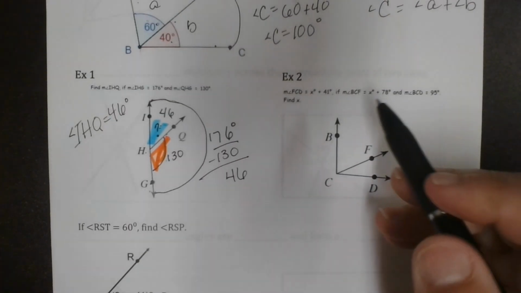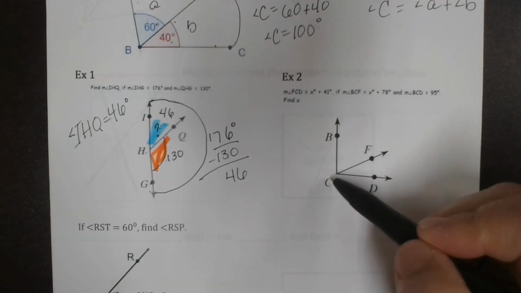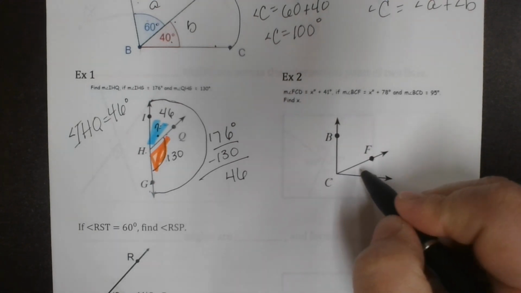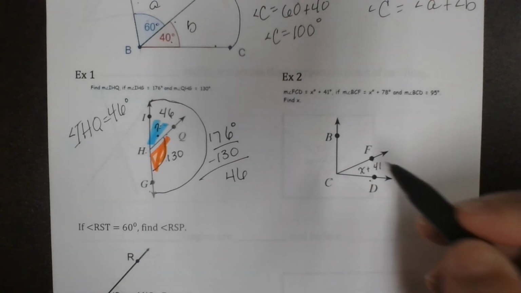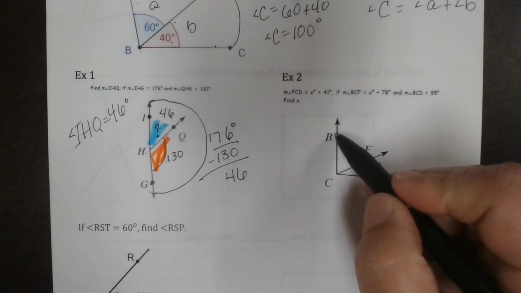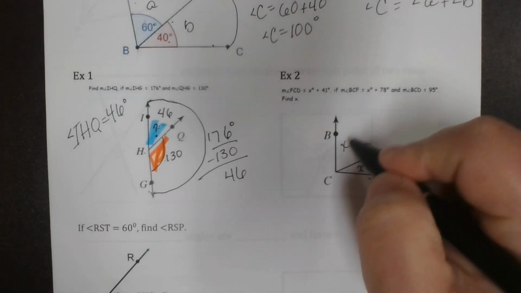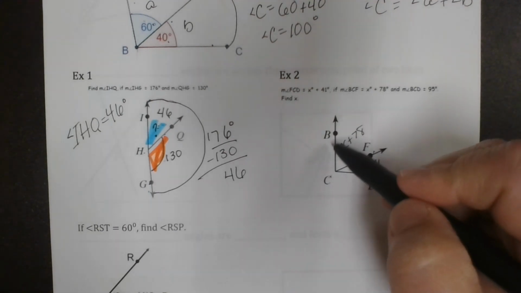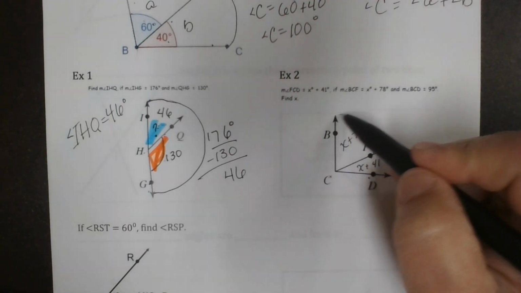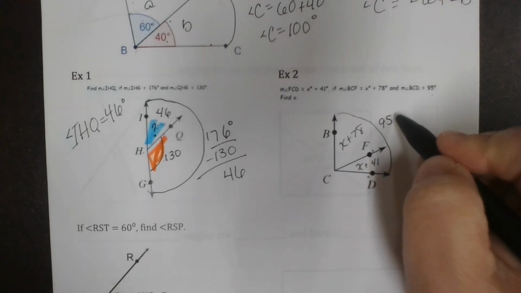Example 2. The measure of FCD is equal to x plus 41. And BCF, this one, is x plus 78. And then you got BCD, the big angle out here, is 95 degrees total.